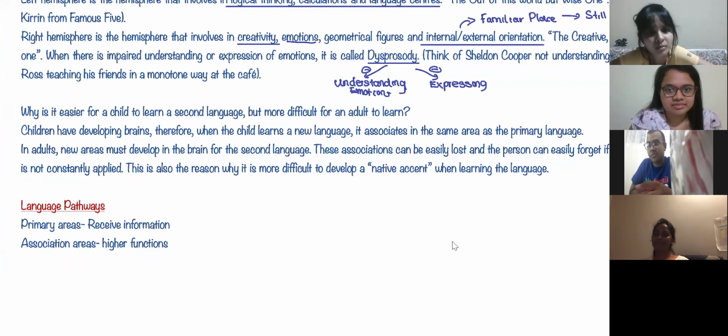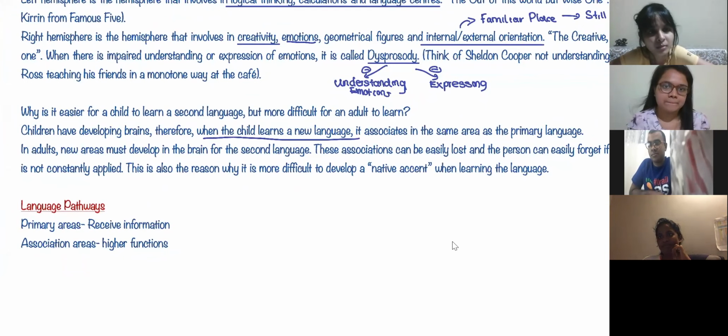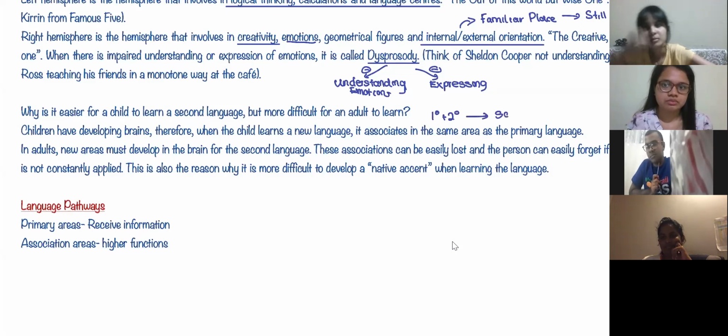Children have developing brains, so when the child learns a new language, it will be associated. There's a primary language and the secondary language, both in the same area.